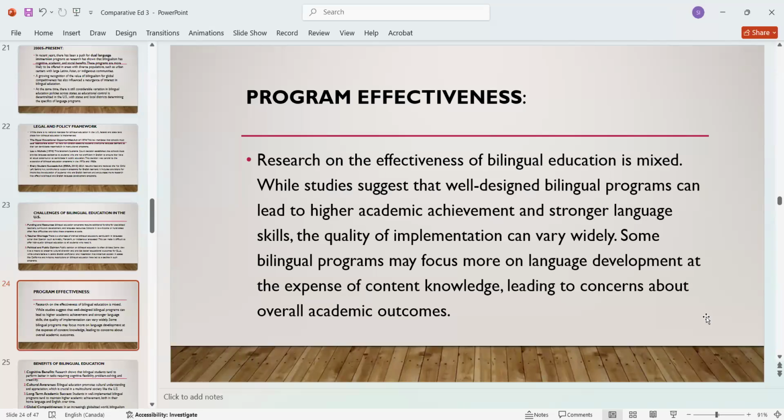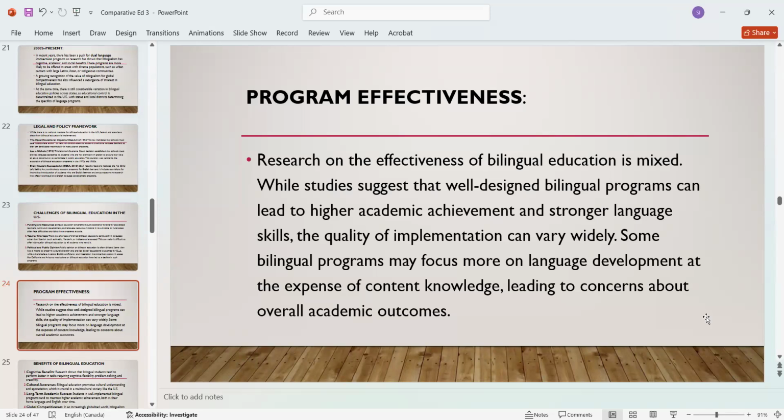And to see the program effectiveness, research on the effectiveness of bilingual education is mixed. While studies suggest that well-designed bilingual programs can lead to higher academic achievements and stronger language skills, right? So for program effectiveness, they have done some research on that.